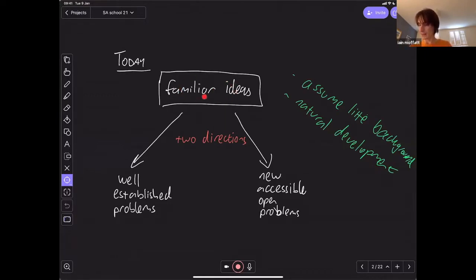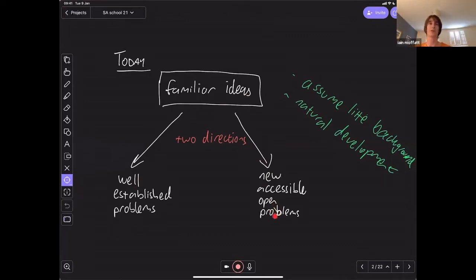And in wondering where to go, I had two choices. One, I could go down the well-established route and talk about the biggest topics in topological graph theory. But thinking about what this is, and it should be a research-oriented school, I thought I could also go down maybe not quite the main route, but look in directions that will take you quite quickly to open and accessible research problems.